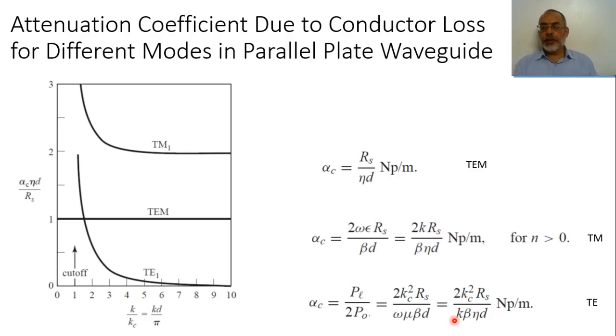And in the case of transverse electromagnetic, the attenuation coefficient due to the conductor loss is nearly independent of the frequency, and all of them are proportional to the surface resistance Rs.